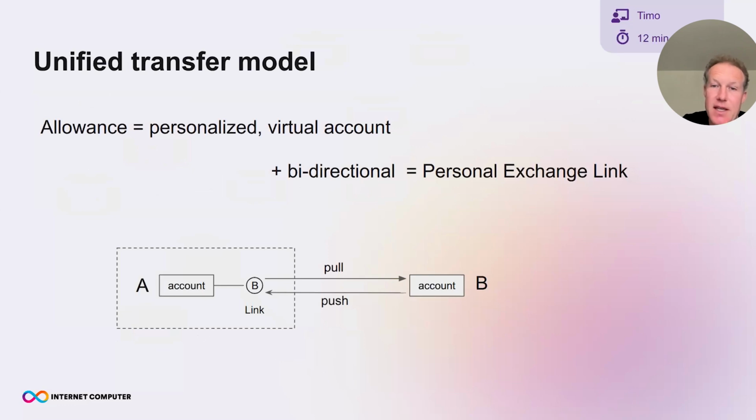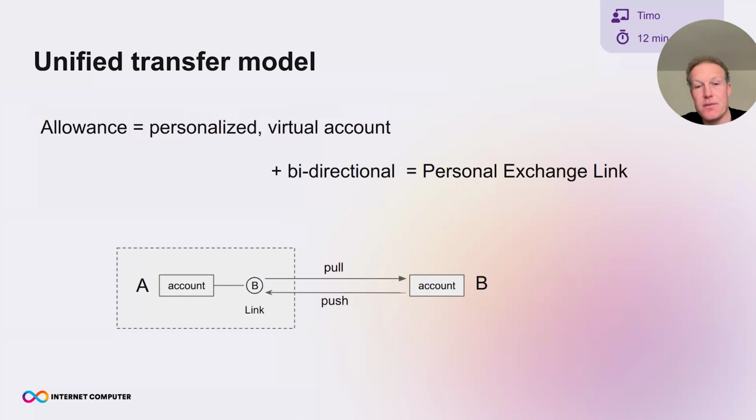So for 2 parties, A and B, to transfer between 2 accounts, one of the parties, let's say A, has to create a link to one of its accounts, and personalize it for B. And then B can use that personalized link and pull from it or push to it. So on HPL, it is not possible to transfer between 2 accounts directly if they are owned by different parties, unless a link is involved.